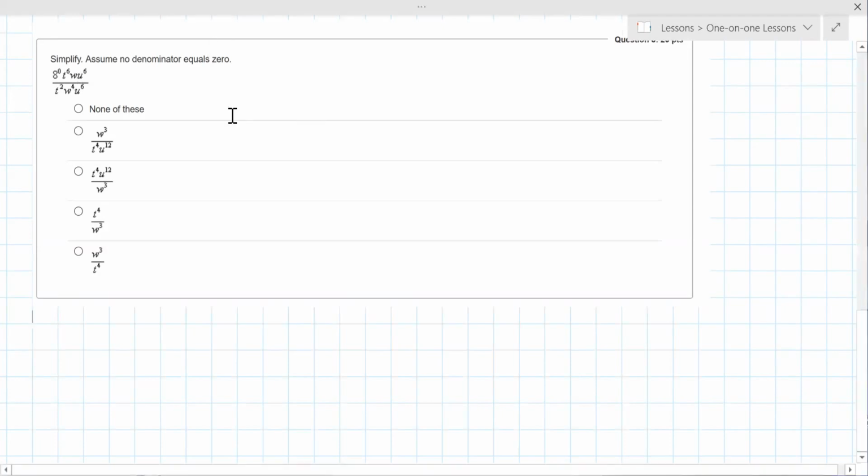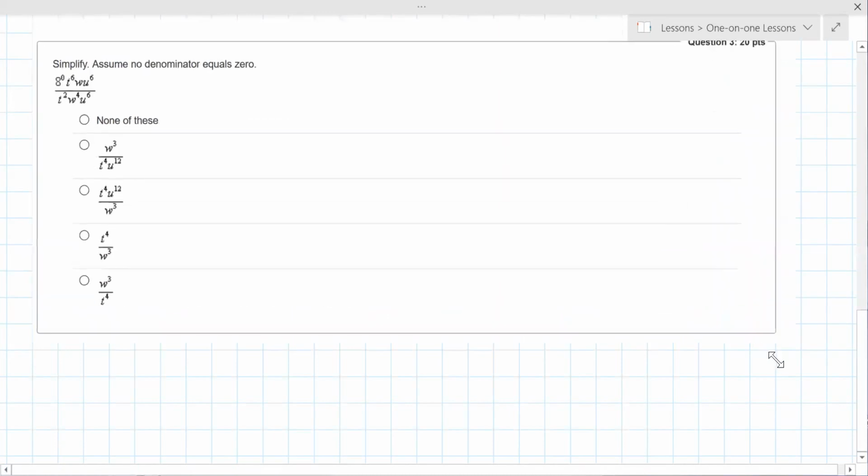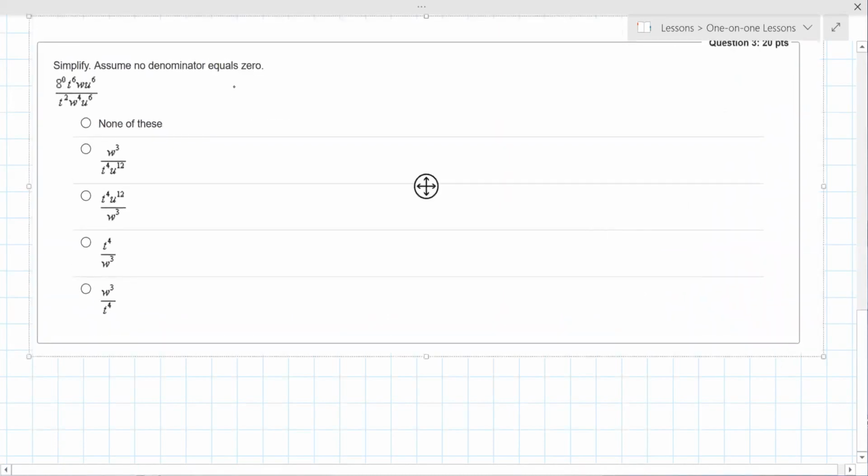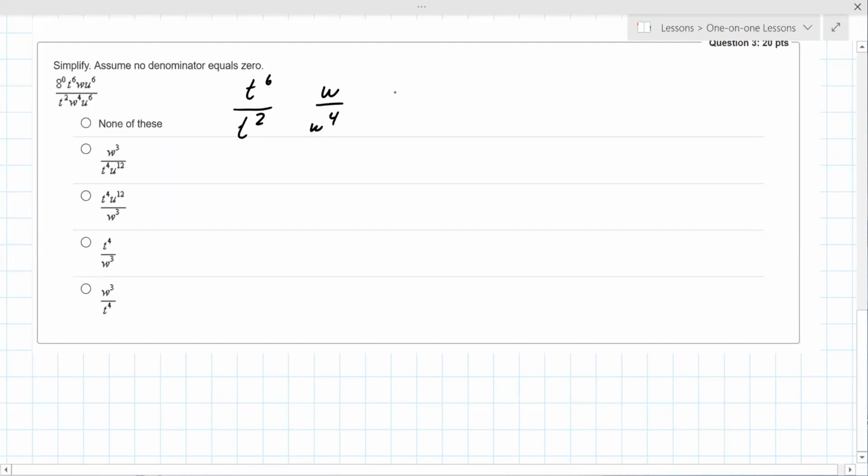So 8 to the 0 power is going to just be 1. That's right. So you almost don't even need to write that because 1 times anything is 1. So I see t to the 6th over t squared, w over w to the 4th, u to the 6th over u to the 6th. There's 3 separate things, and then this 8 to the 0. You already said that that's 1.